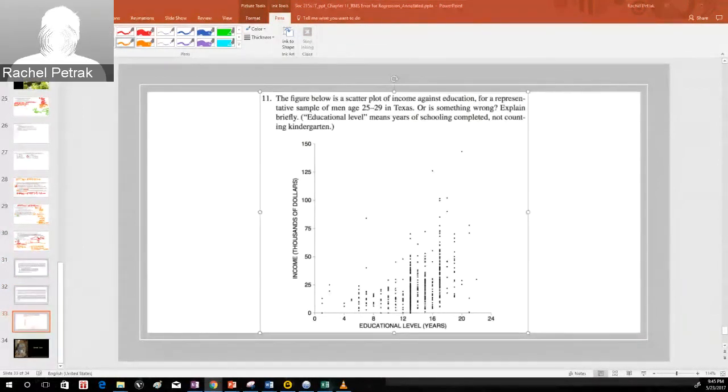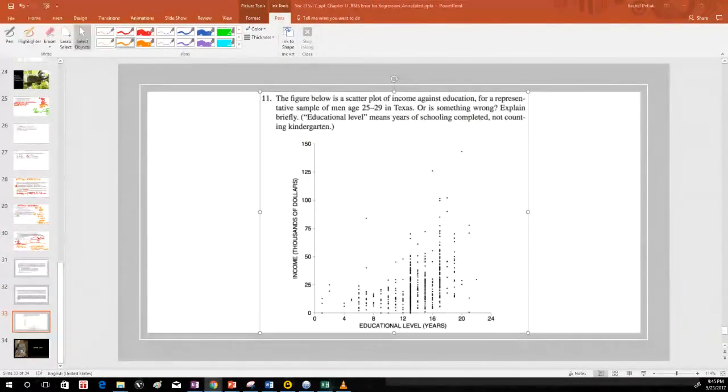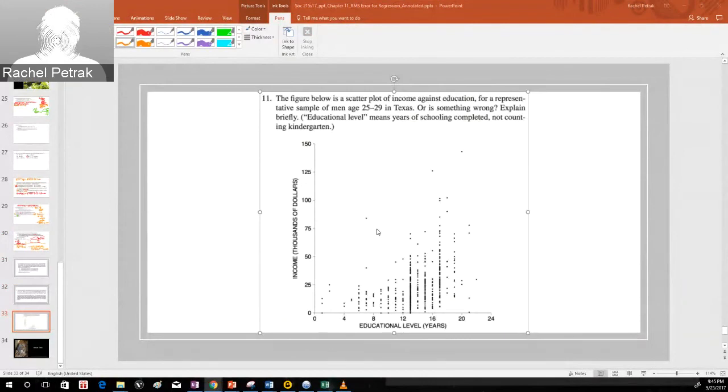There are some notable things, though, that are strange on this diagram. There are a lot of people with 9, 13, and 17 years of education.